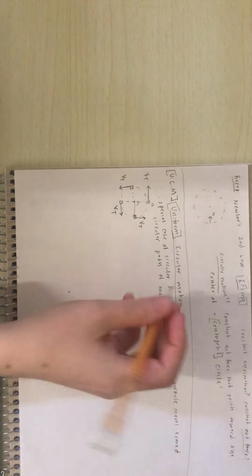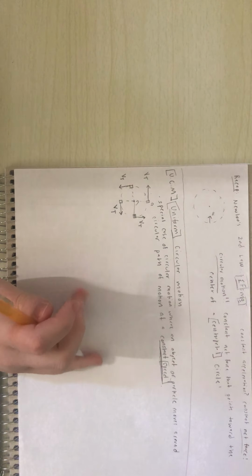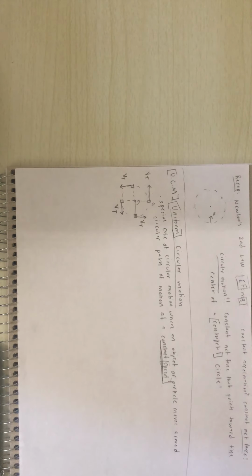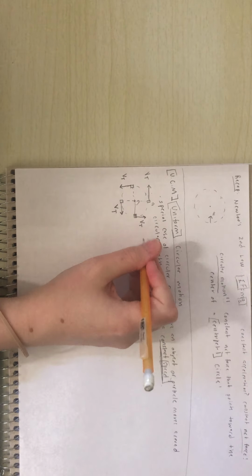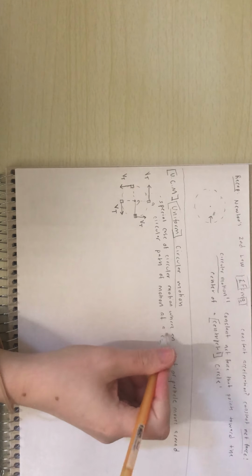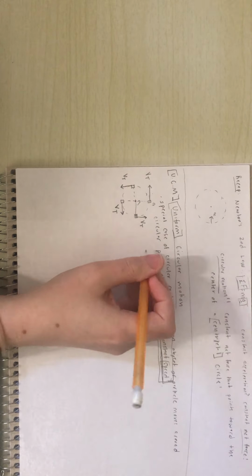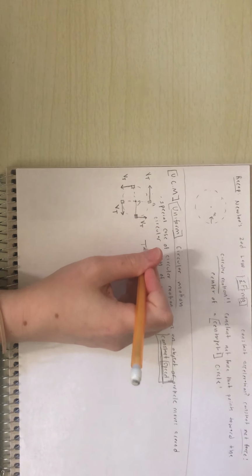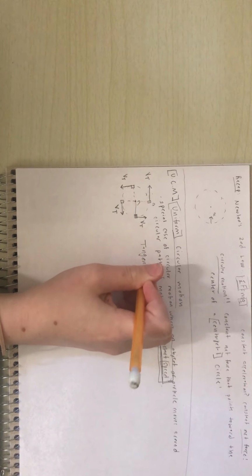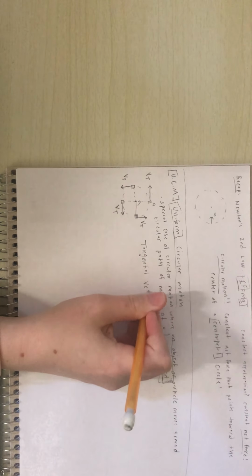Okay, so we know that speed is the magnitude of the velocity vector. So what that means, right? This velocity, this constant speed, we call this the tangential velocity.